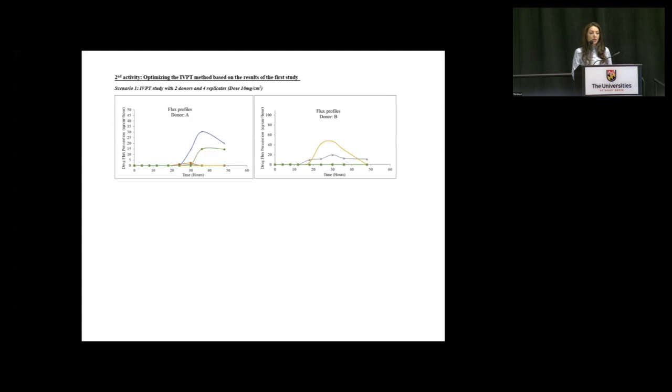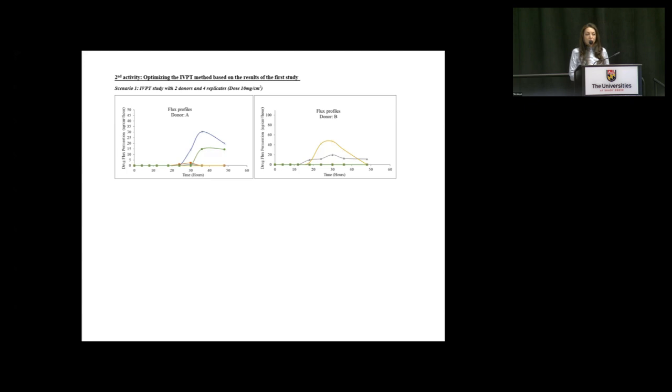For the next activity, we provided two donor IVPT profiles. And in one scenario, we gave these two profiles where we didn't get quantifiable levels in half of the replicates, and especially in the first 24 hours.